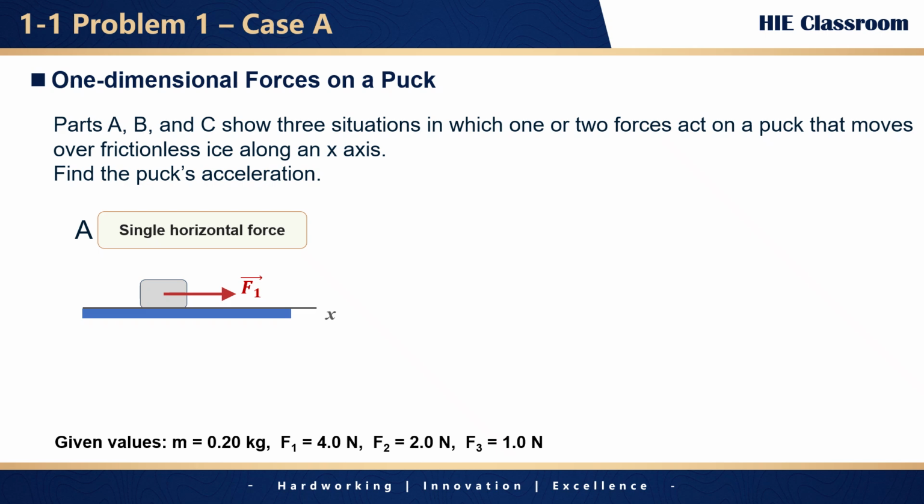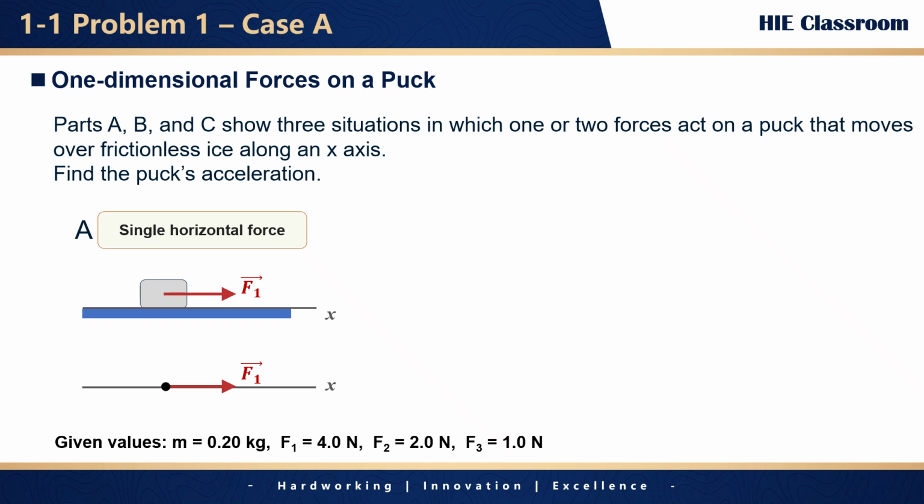Okay, keeping those key ideas in mind, let's see case A. Here only one single horizontal force acts on the puck. The horizontal force causes a horizontal acceleration. The free body diagram for the situation is drawn here.